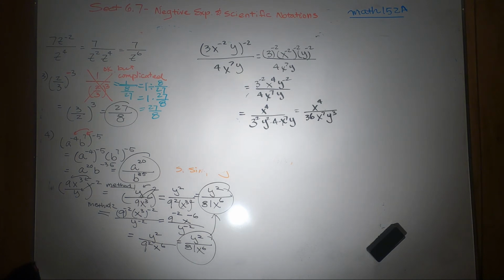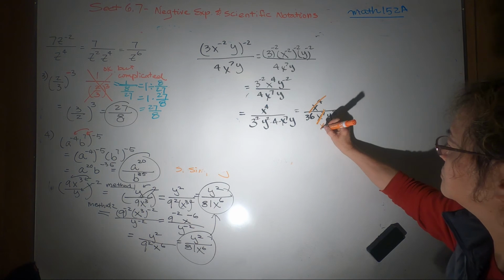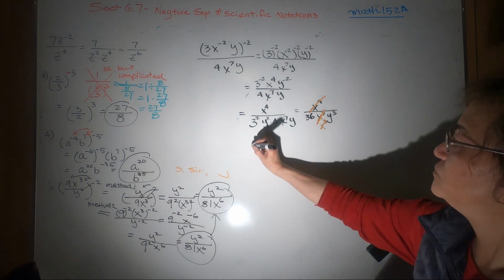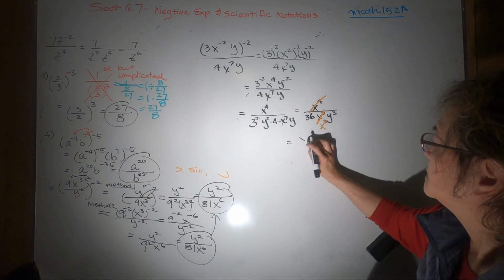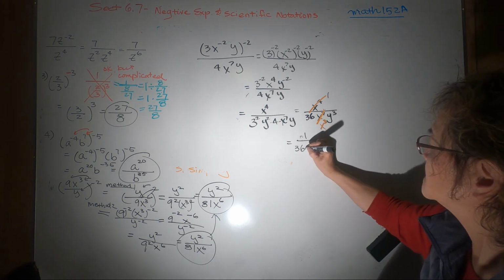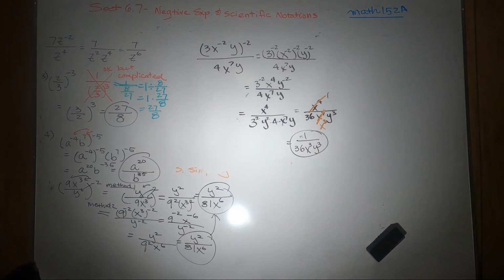We don't want that: one variable, one place, with its own power. So those can be canceled, leaving only x^3. So the answer should be 1 over 36 x cubed, y cubed. That would be your answer.